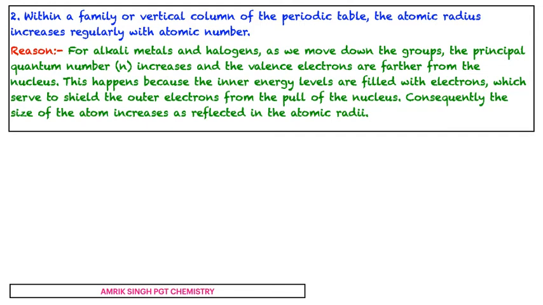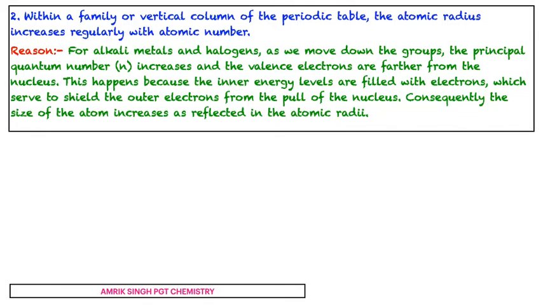Within a family or vertical column of the periodic table, the atomic radius increases regularly with atomic number. Reason, for alkali metals and halogens, as we move down the group, the principal quantum number n increases, and the valence electrons are farther from the nucleus.